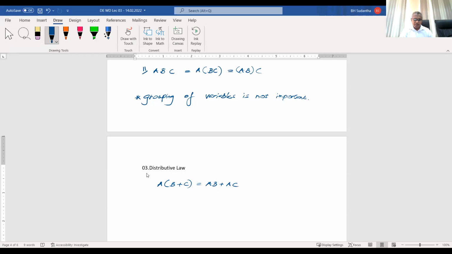You can do it. Here, how many gates do you need? To make this term one AND gate, to make this term another AND gate, 2 AND gates, and to combine this one OR gate. To make this one, you need 3 gates. Okay.